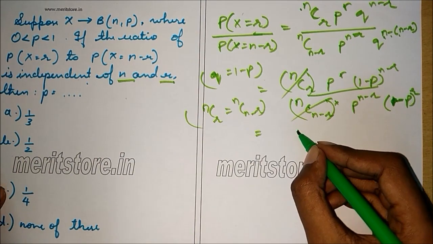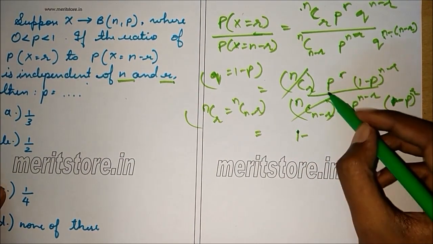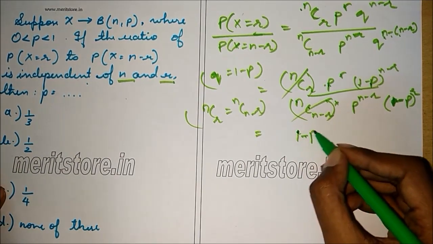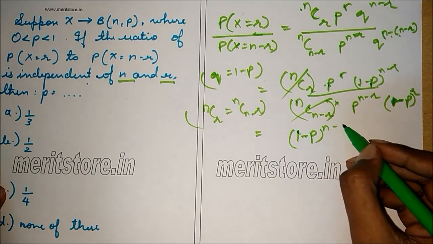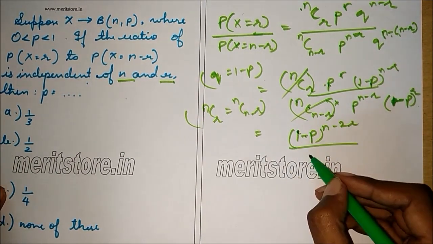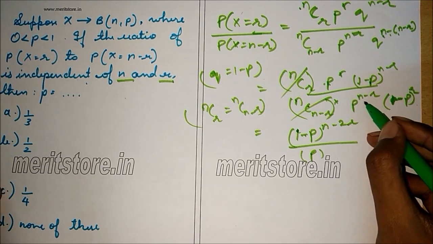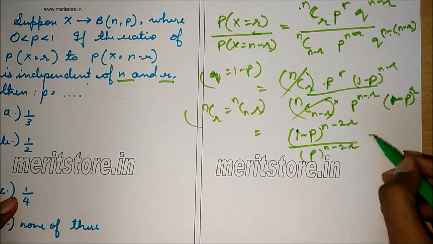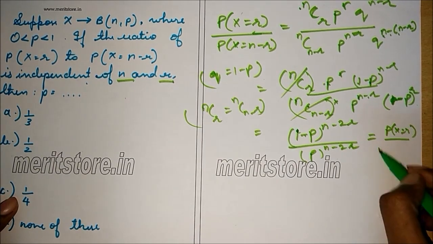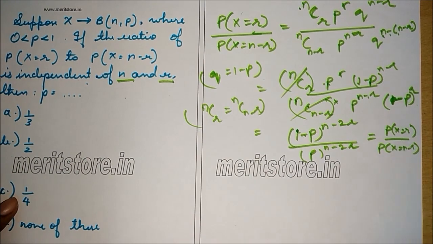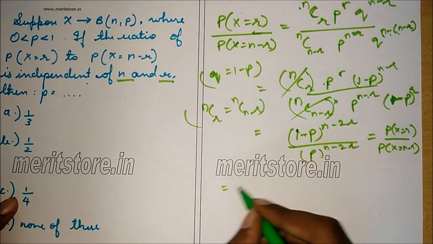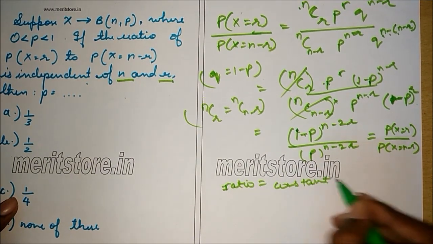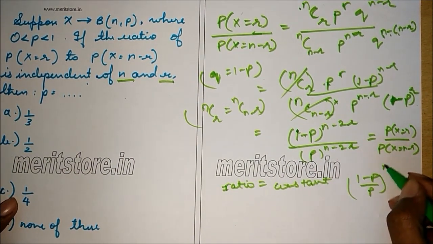Rearranging the powers of p and 1 minus p, we can write (1 minus p) raised to n minus 2r upon p raised to n minus 2r, and this is equal to the ratio P(X = r) to P(X = n minus r), which is constant, equal to ((1 minus p) by p) raised to n minus 2r.